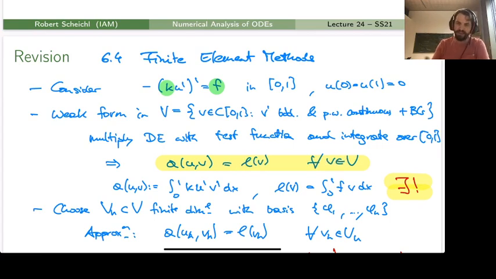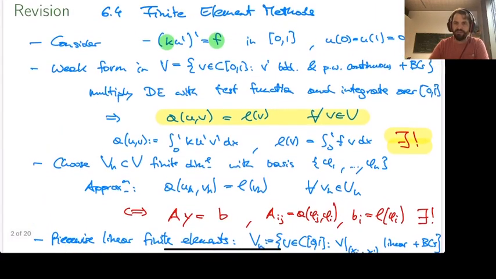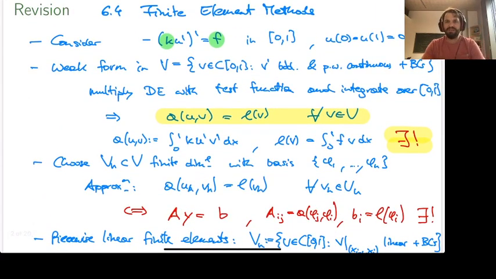Now, to approximate and to construct finite element methods, we now don't use the approach as in finite differences to just satisfy our problem on a finite set of points. Instead, we choose a finite set of test functions. So here we have an infinite set of test functions, any function in the space capital V. We now choose a finite dimensional subspace V_h of V, spanned, for example, by this basis, phi_1 to phi_n, and we only satisfy our problem for all functions out of this subspace.